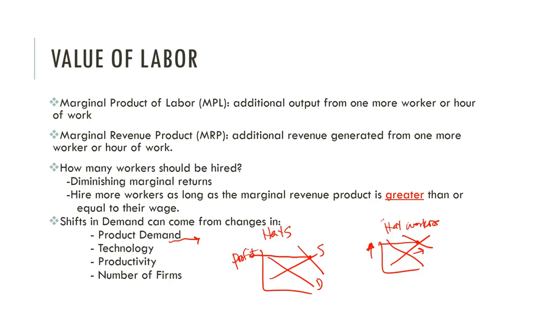So we see that that product demand is very directly linked to how much people can get paid in each industry. Improvements in technology and productivity, people can make more stuff per hour per person. That's going to also lead to higher wages. More firms entering the market is going to increase demand. And so anytime we see demand going up, we're going to see wages going up as well. And anytime we see demand going down, we're going to see typically wages are going to go down as well.